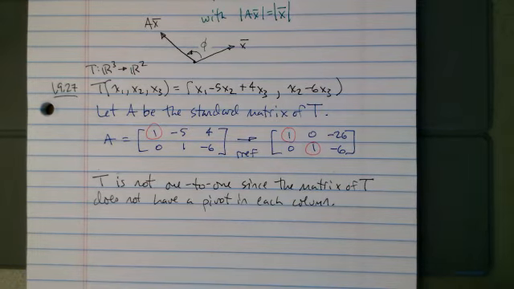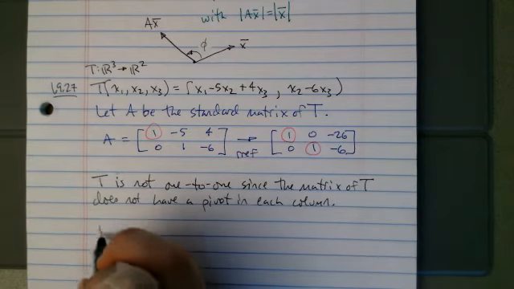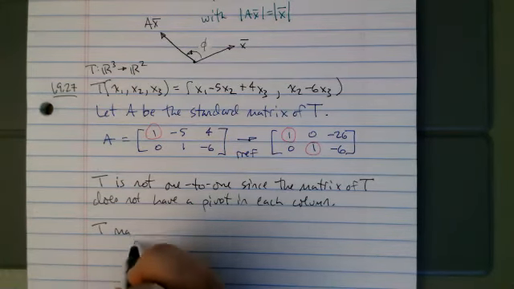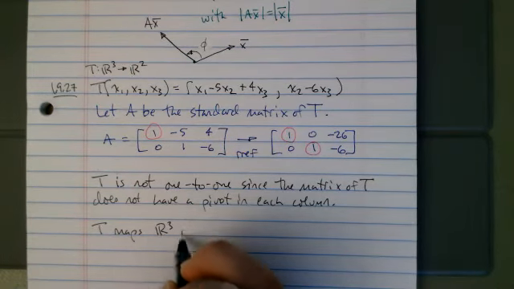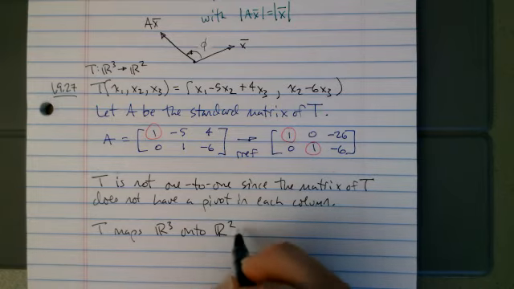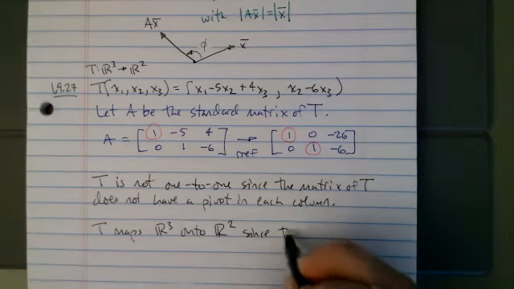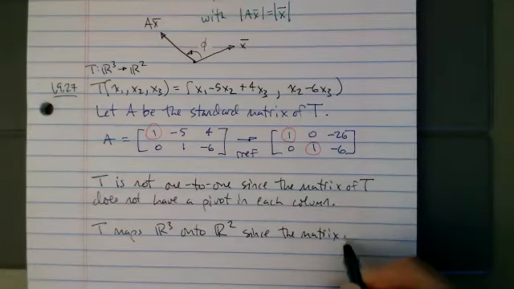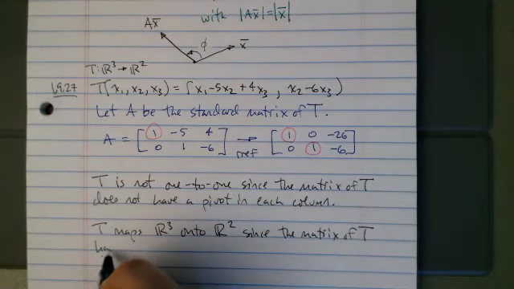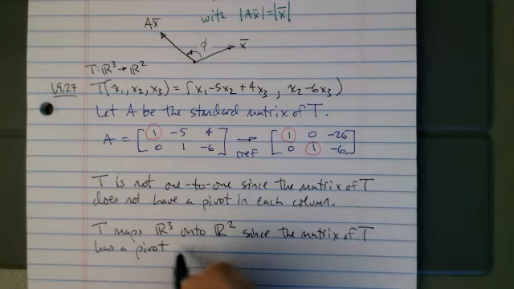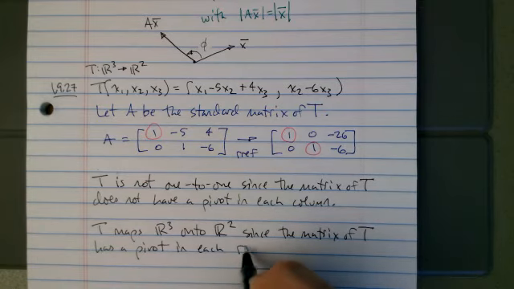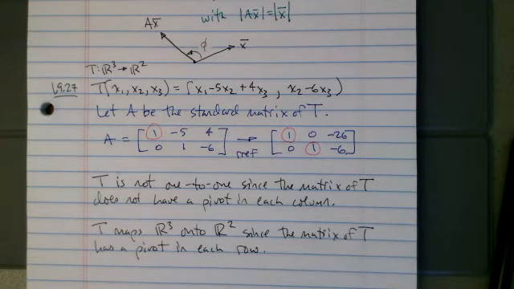We can conclude that T maps R3 onto R2 because the matrix of T has a pivot in each row. T maps R3 onto R2 since the matrix of T has a pivot in each row.